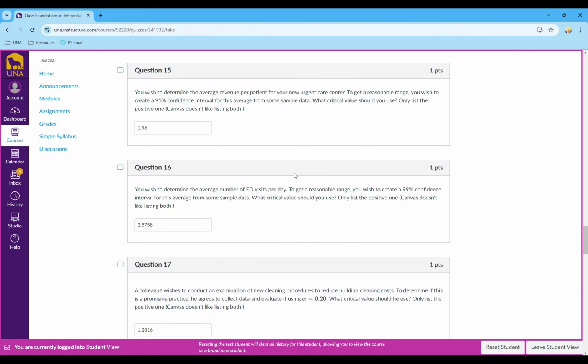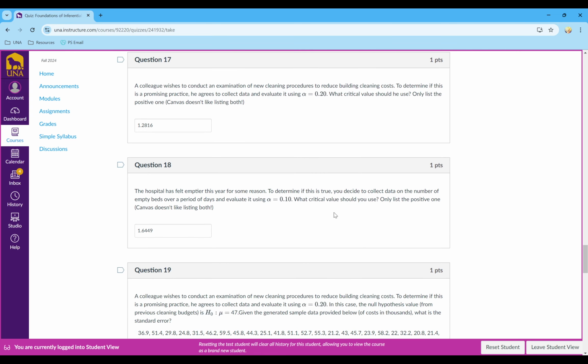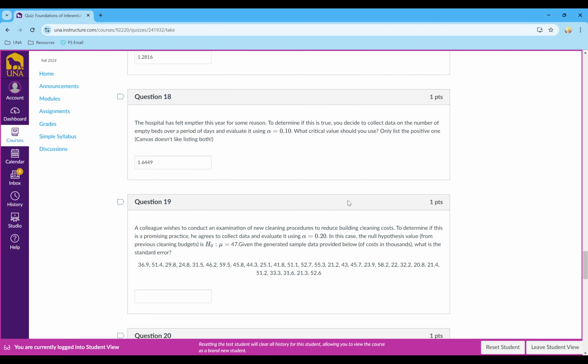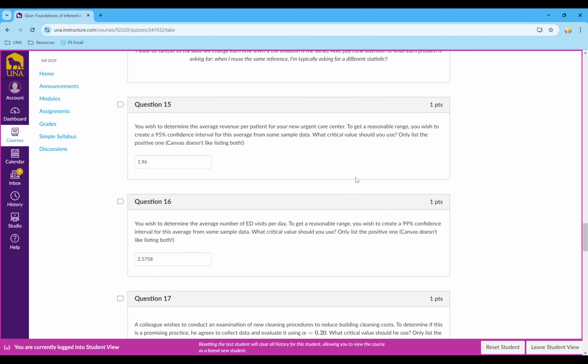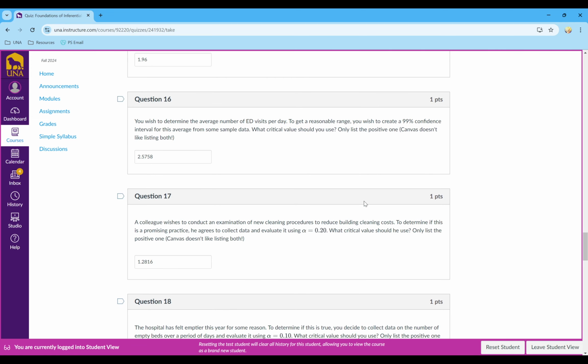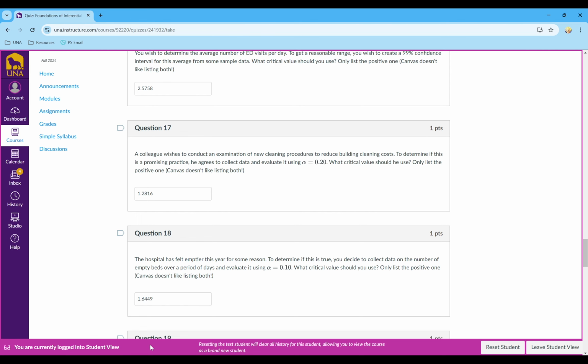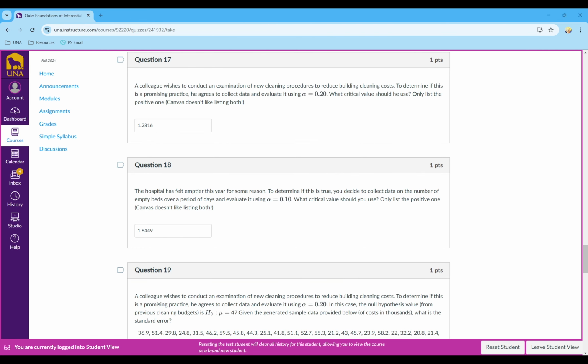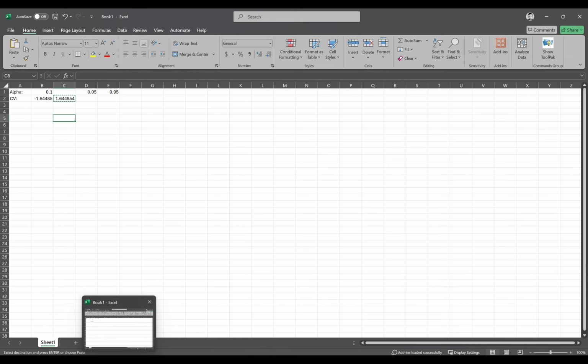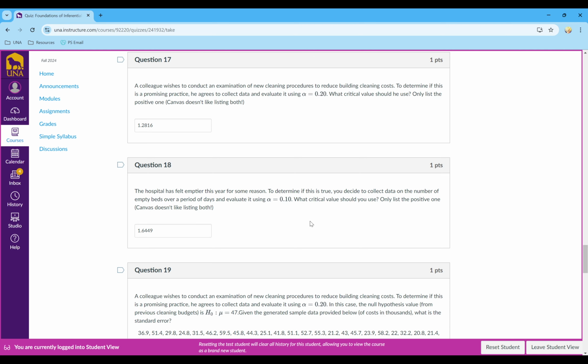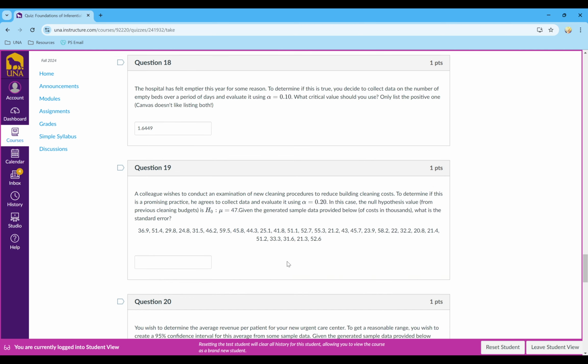So if you're wondering why there's so many of these, it's essentially to give you partial credit for a confidence interval problem and partial credit for a test statistic problem. Though again, if you're using the method that we showed in the Excel video, that turned out to be some free points there.